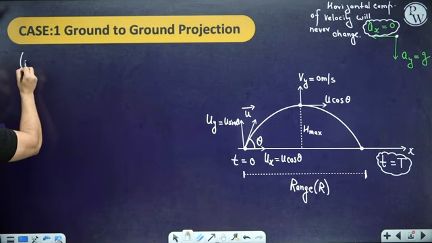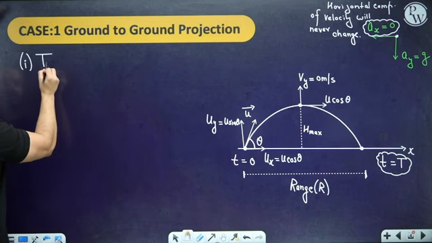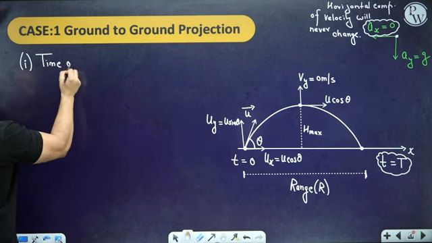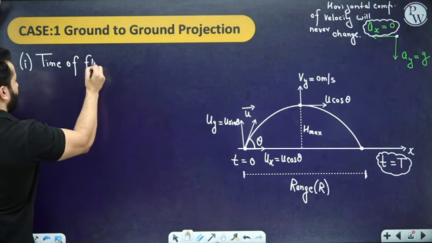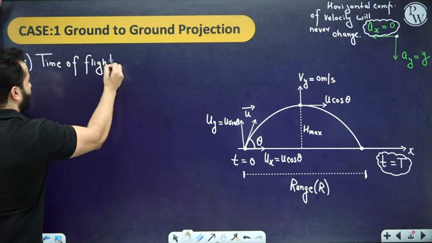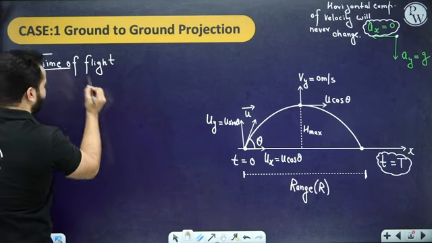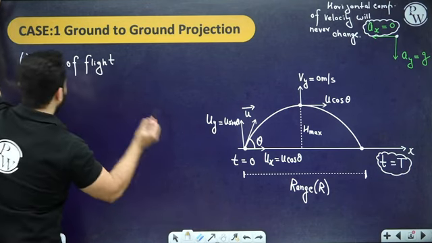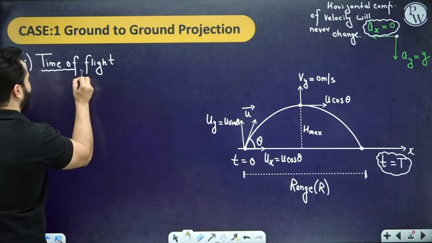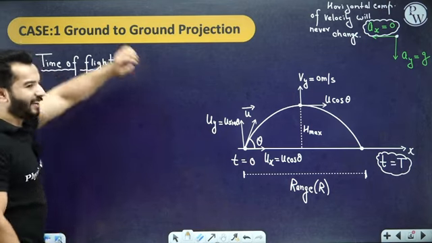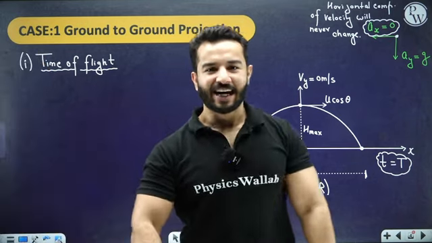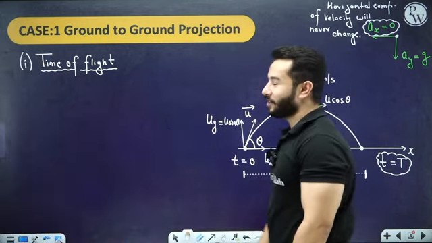So if we are going to talk about time of flight, it is obviously a physical quantity, but it will remain the same along both the axes. Does it make sense? So how are we going to calculate it?